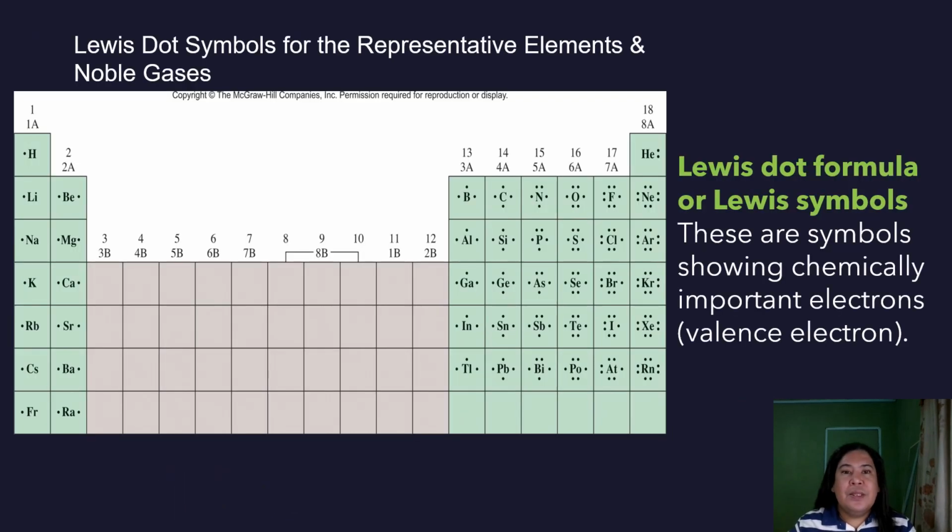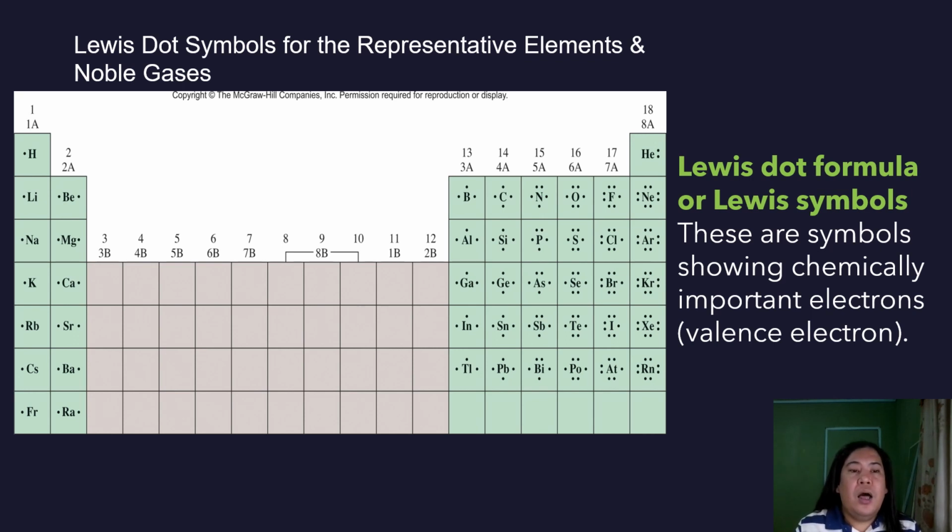Okay? Next. So, what are Lewis dot symbols? Lewis dot symbols are symbols showing chemically important electrons, and these electrons are the valence electron. So as you can see, based on this given periodic table, we have here the Lewis symbols of the representative elements.